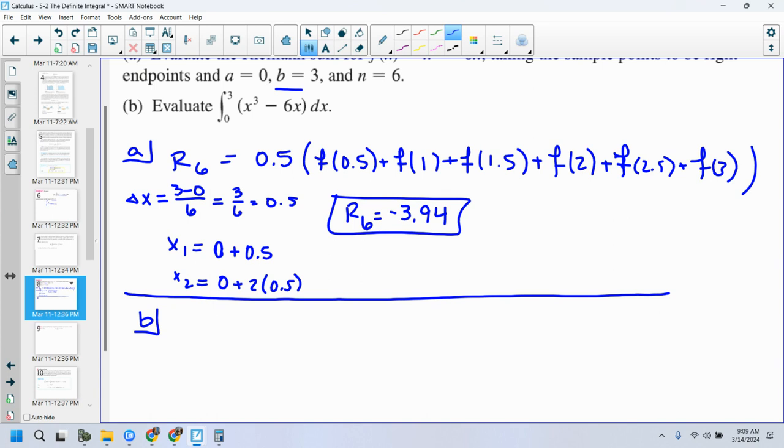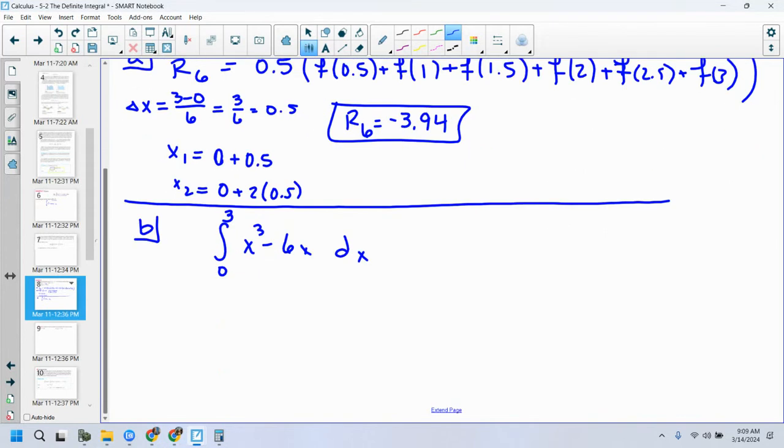Take a look at this here. If I wanted to know the integral from 0 to 3 of x to the third minus 6x dx, what I can actually do is set that equal to the antiderivative. What is the antiderivative of x to the third minus 6x?